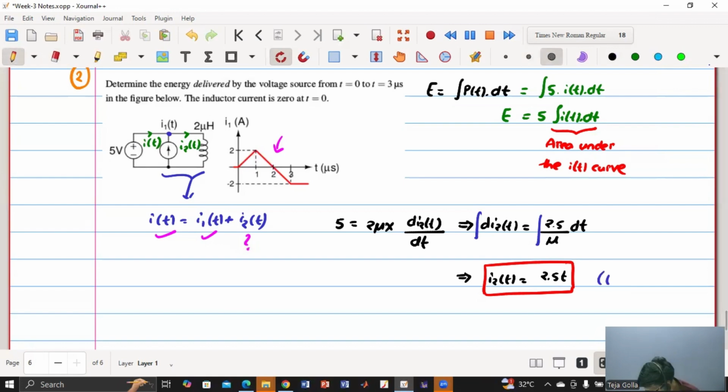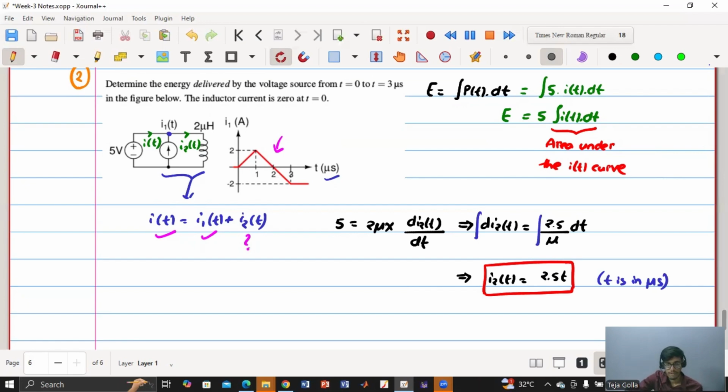Got it? Integration of 2.5 is 2.5 t, and in the denominator there is micro. So in order to cancel the denominator micro, the numerator should also have a micro. So that's why here t is in microsecond. Understood?